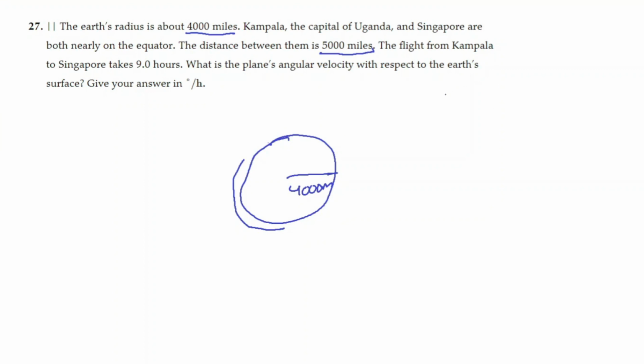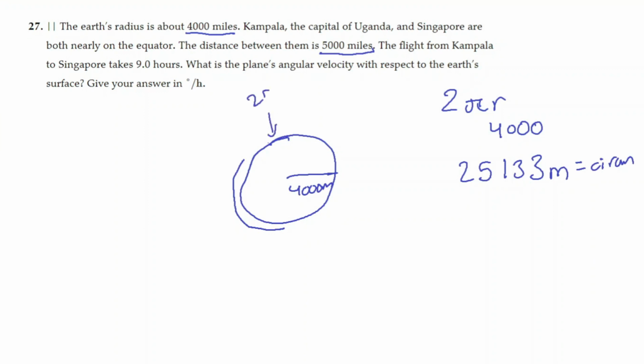If you remember, to find circumference from radius, you would just do 2 pi r. Since we know the radius is 4,000, we plug in 4,000 for r, and we get a circumference of 25,132, or rather 25,133 if we round it up. And that's going to be our circumference.